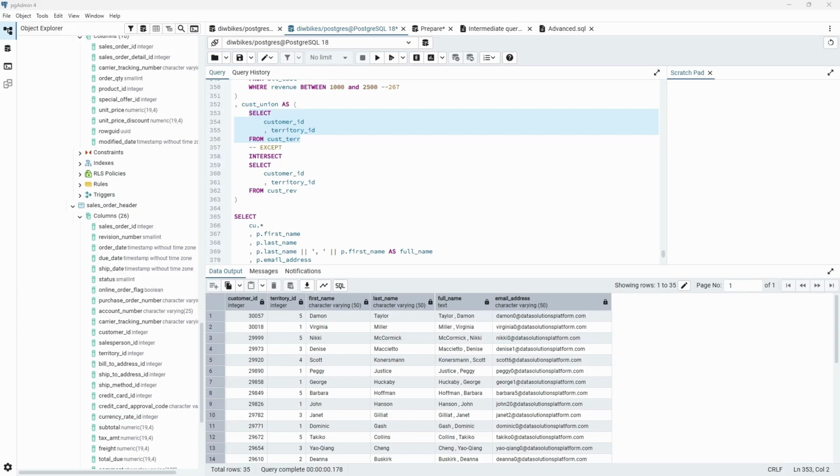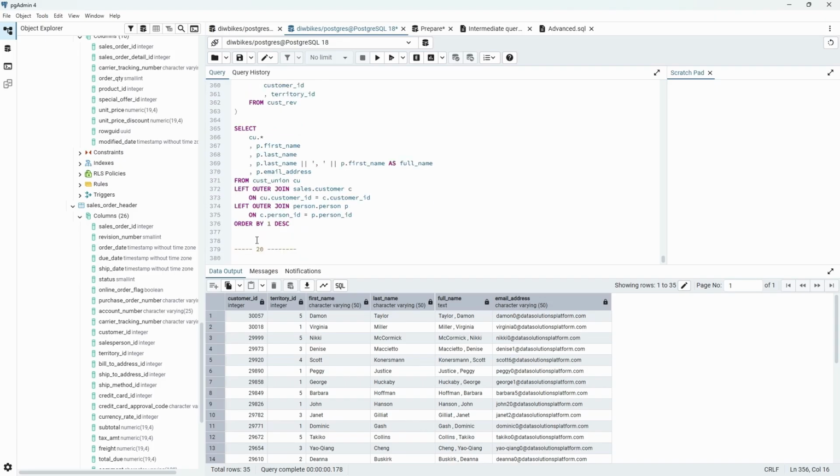Use cases are multi-criteria qualification like the one we are looking at, high intent targeting, behavior-based precision, and so on. In the real sense, you're basically looking at what customer ID or territory ID I have here, but also have in this criteria as well, and return that for us.